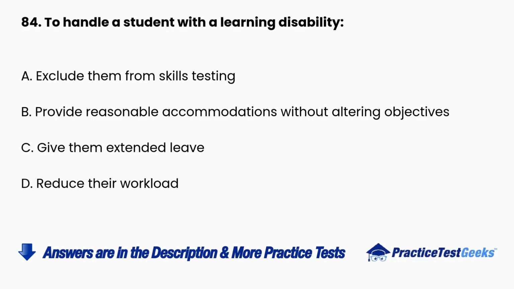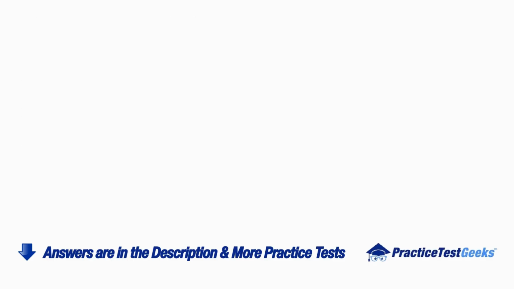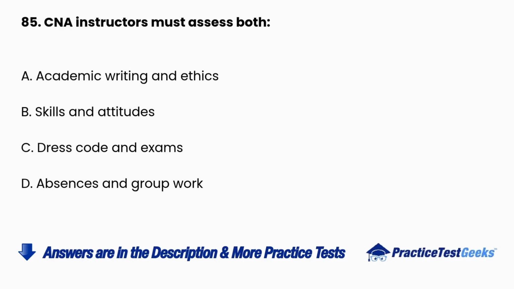B. Provide reasonable accommodations without altering objectives. C. Give them extended leave. D. Reduce their workload. 85. CNA instructors must assess both A. Academic writing and ethics. B. Skills and attitudes. C. Dress code and exams. D. Absences and group work.